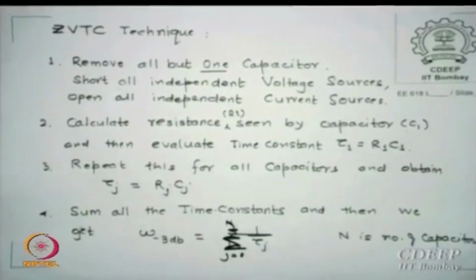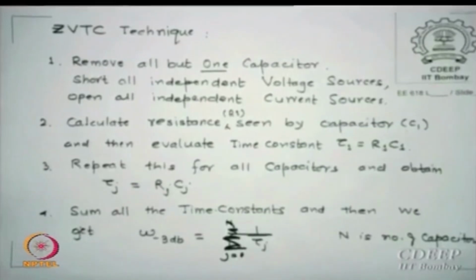I repeat, this is not sigma of 1 upon Tj, it is 1 upon sigma of Tj. Is that clear? They are two different. The other one will give you harmonic means and that will be absurd. That is, sum all the taus and 1 upon tau is the net you get, okay, which is essentially your first time constant related omega minus 3 dB point, the first corner, called dominant pole. Okay, let me calculate one and show you now.